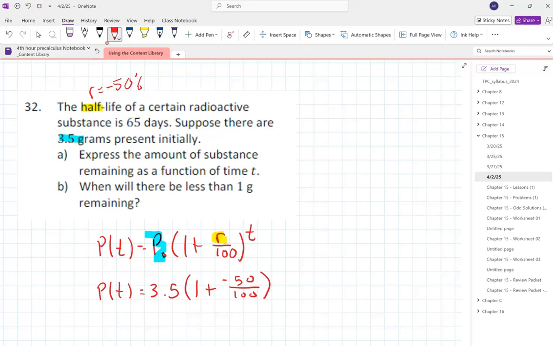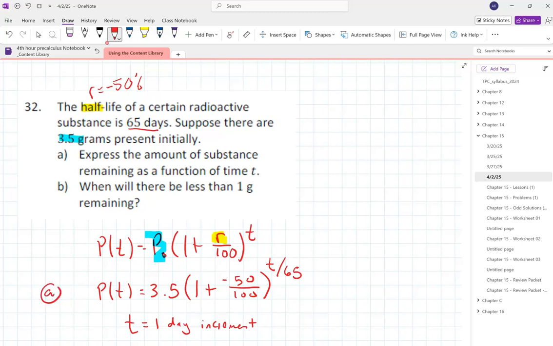Okay. And then I need to do my T. This is happening every 65 days. So T is going to be a 1-day increment. So how much of that half-life is going to happen in 1 day? 1/65th, right? So my exponent will be T over 65.